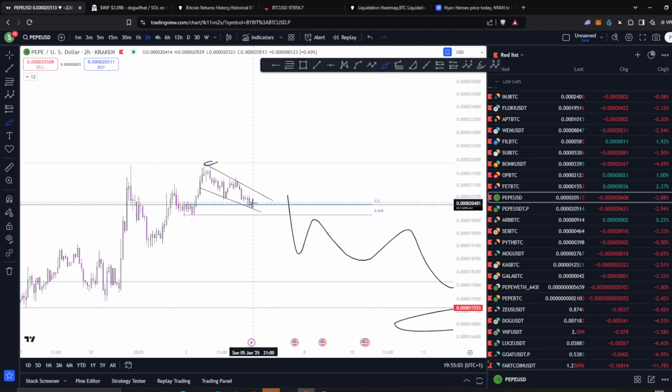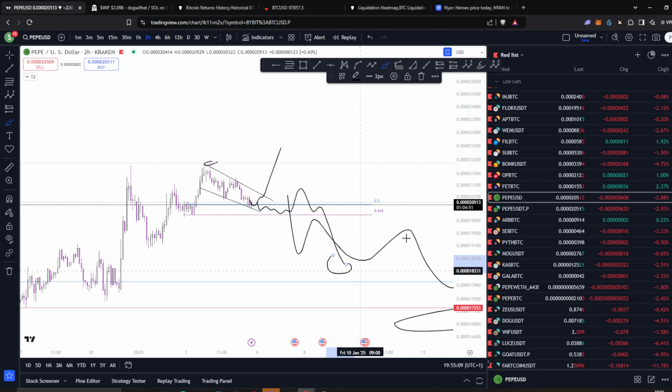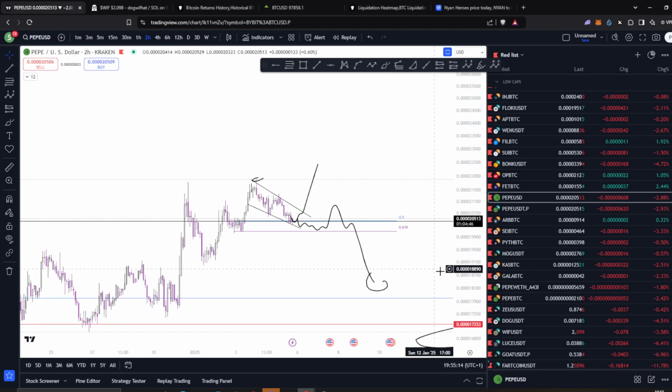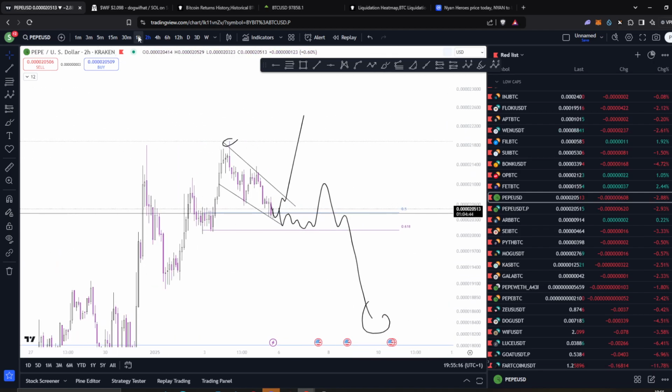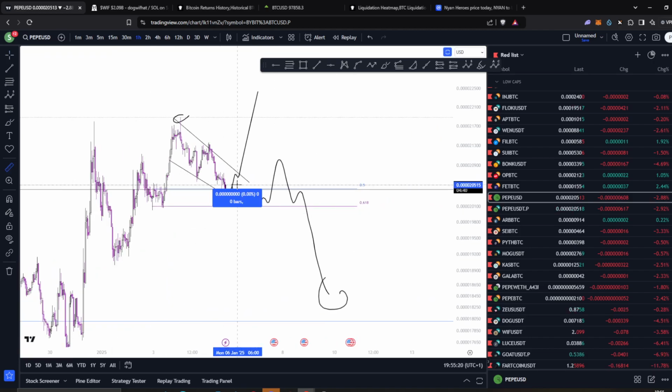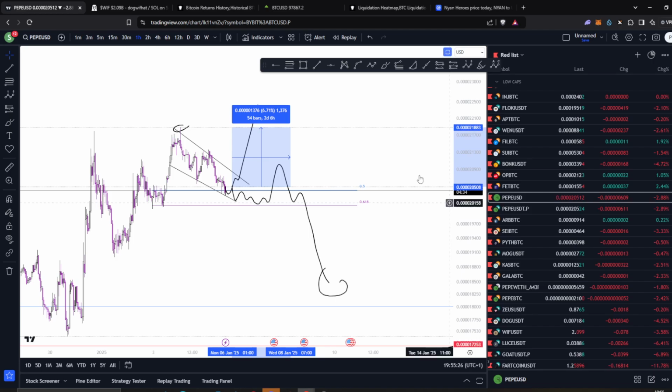As long as you don't tap the 0.618, this is likely going to push higher. If you do come back and tap the 0.618, even if you push higher, you're likely to come back lower. So that's your overall local watch for Pepe. It's around a 2% move, or you get a potential 6 or 7% move.